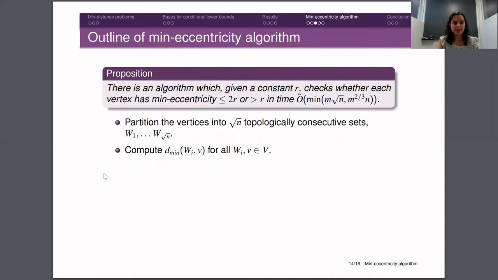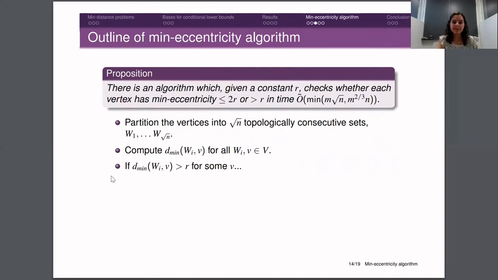Now what we do is we compute the minimum distance between each set and all vertices in the graph. So when I say we're computing this minimum distance between a set and a vertex, I mean the smallest distance between any vertex in the set and this v. So just whoever's closest to v, that's the min distance that you care about.